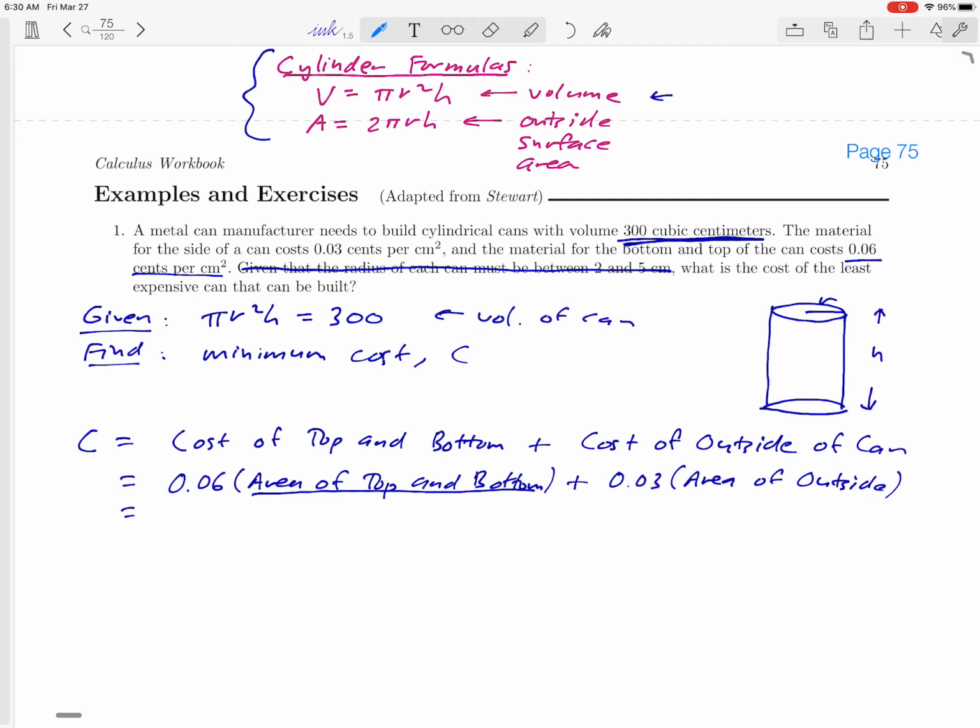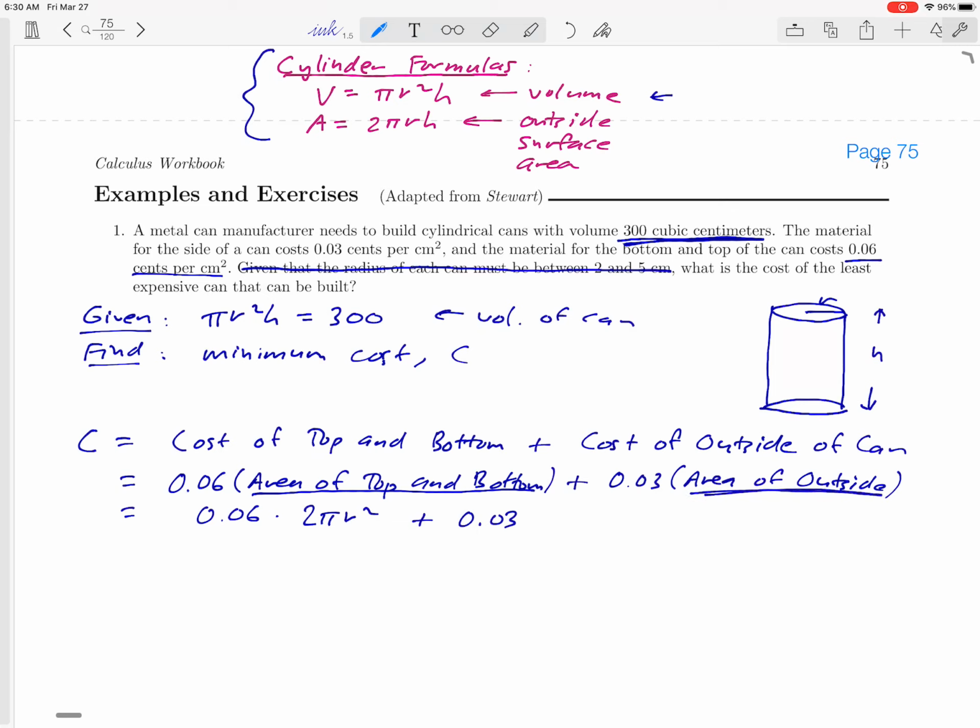Okay. So the top of the can has the shape of a circle, and the area of a circle is pi r squared. We've actually got two circles, one for the top and the bottom, so that combined area is going to be 2 pi r squared. That's going to get multiplied by this 0.06 that was in front. So that takes care of the first term here.